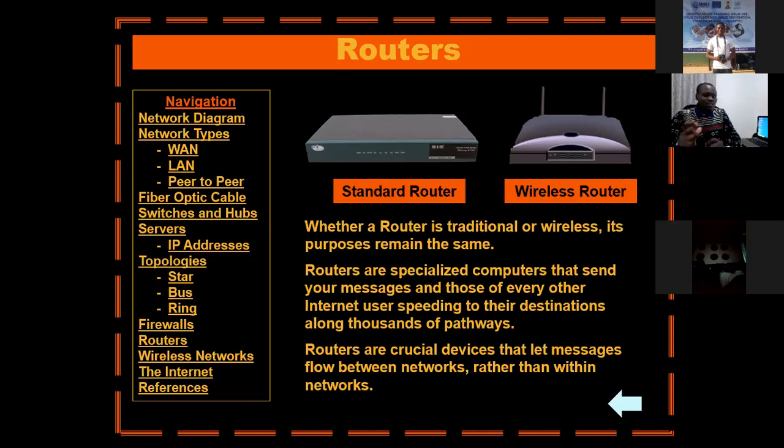For your messages to go from one place to another, you need the aid of a router. Let's say network A, you are in Lagos, I am here, I need a router that will route it through, or move this bandwidth through a pathway to get to your destination. So whether standard or wireless, they are both the same. They do the same thing. Do you understand, please?